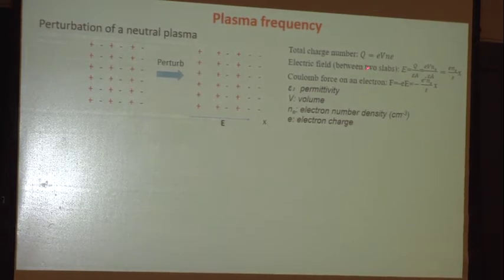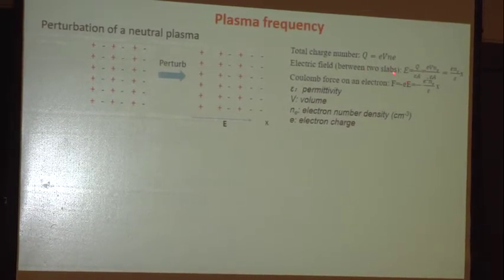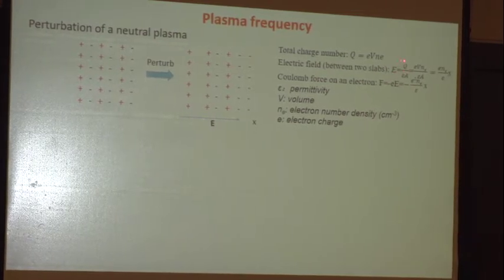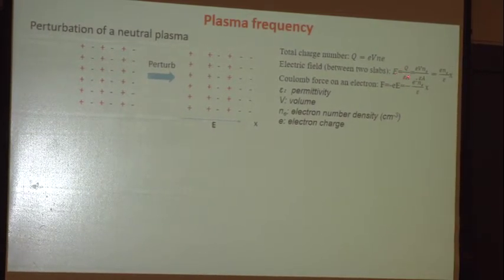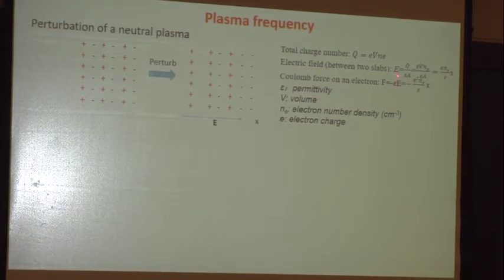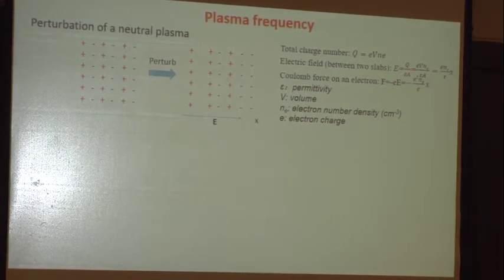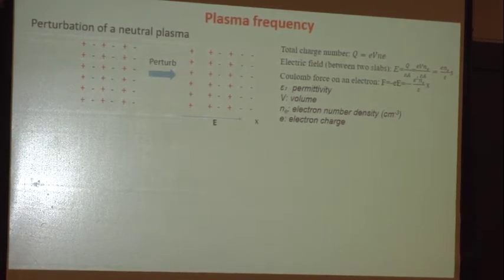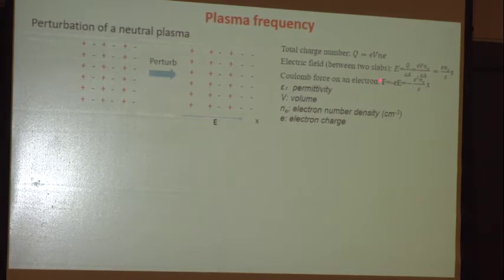The electric field is the net charge divided by the permittivity and the surface area, so you can calculate the electric field from Q. The force acting on a particle is the charge times the electric field, QE. This is the force acting on individual particles, right?